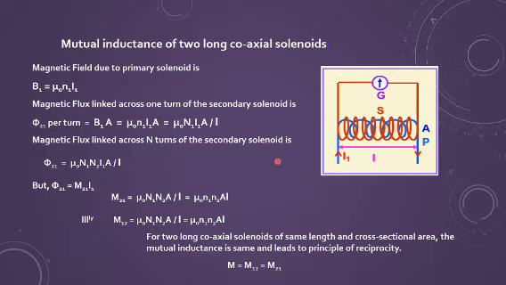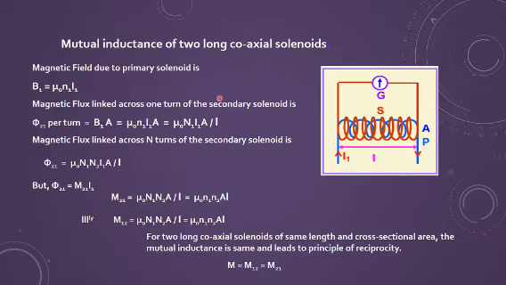Now we want to calculate the value of mutual inductance for two long coaxial solenoids. Coaxial means they are passing through the same axis. This axis is the same, and you allow the current to pass through the primary coil, and the induced EMF, and hence the induced current, is there in the secondary coil, which can be observed by the deflection in the galvanometer.